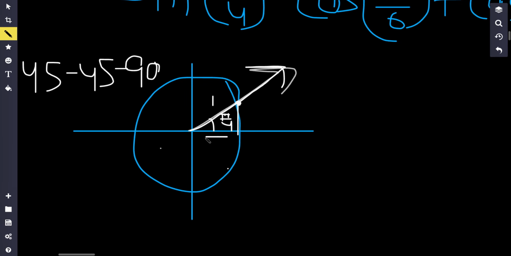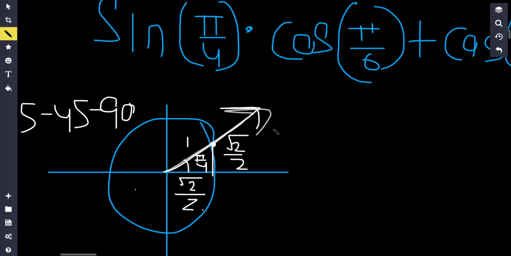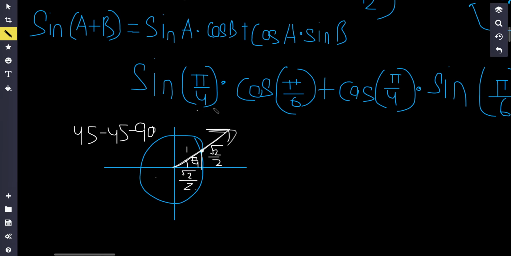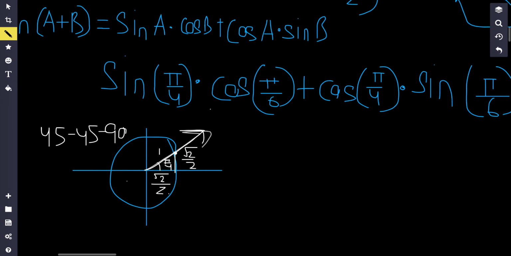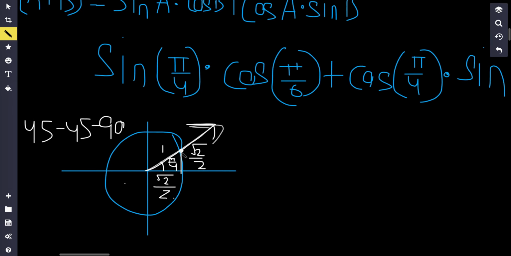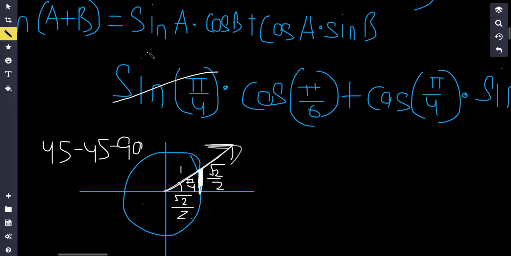So this side is going to be root 2 over 2, and this side is going to be root 2 over 2. If you don't know that, make sure to check out my unit circle video. Sine of an angle represents the y value for this triangle, so sine of pi over 4 is equal to root 2 over 2.